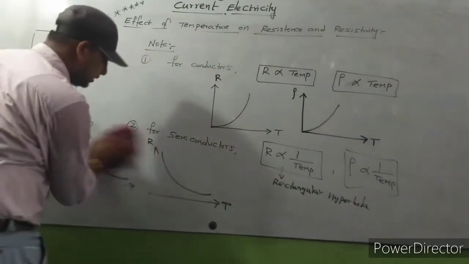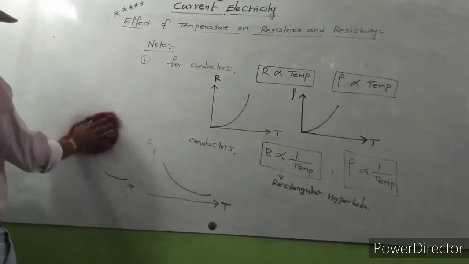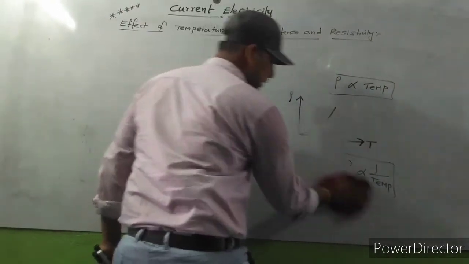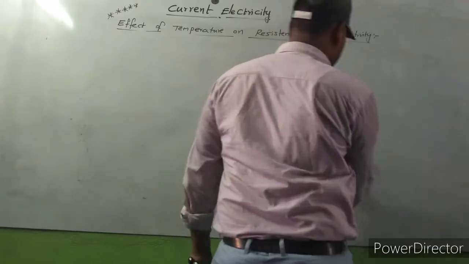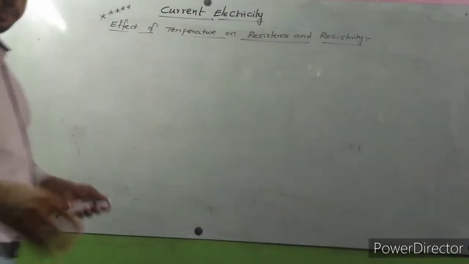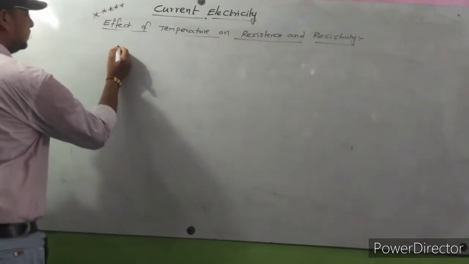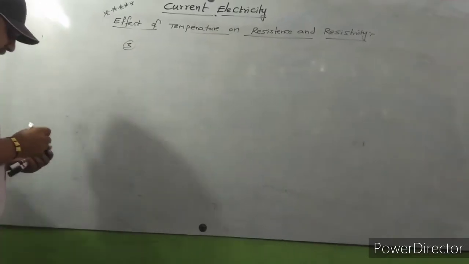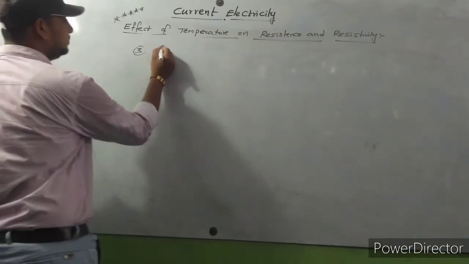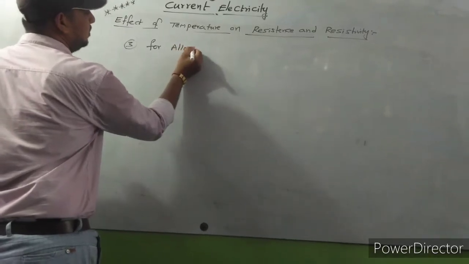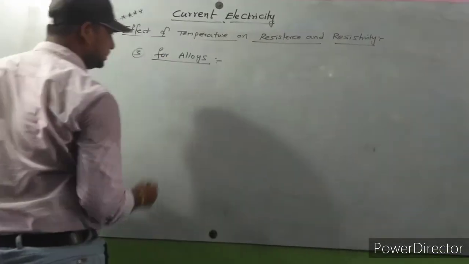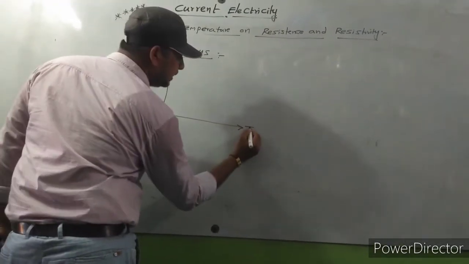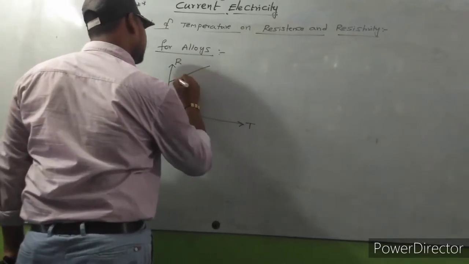For alloys, how will we draw the graph? For alloys, resistance here, temperature here, it will slightly increase.